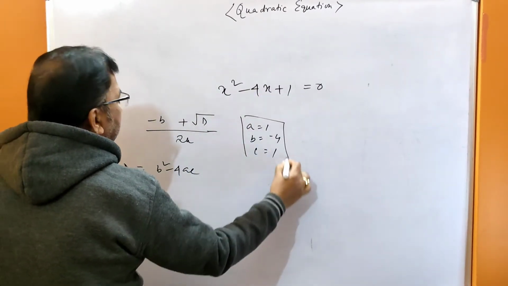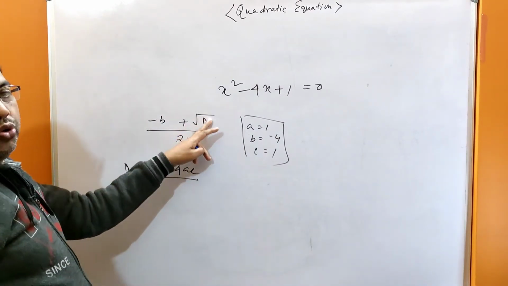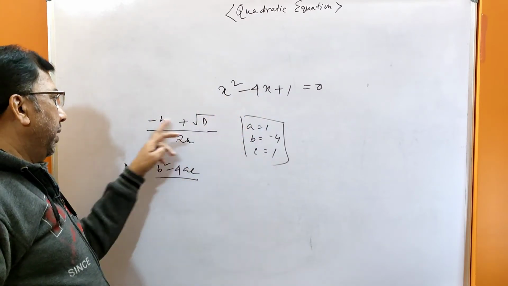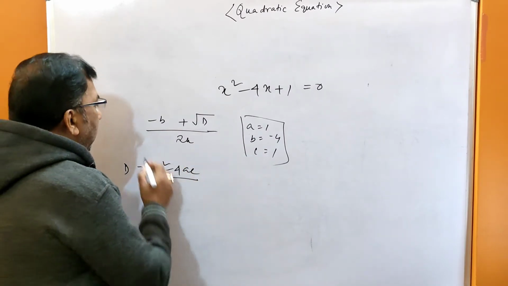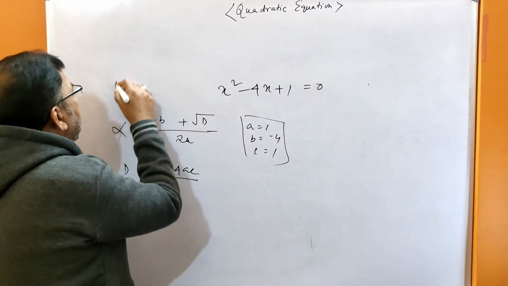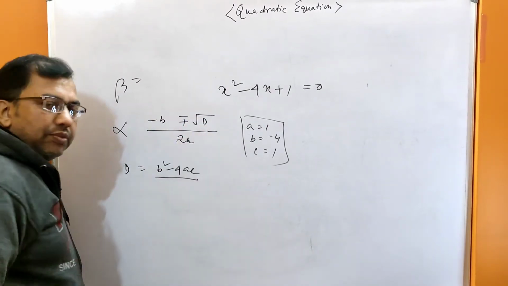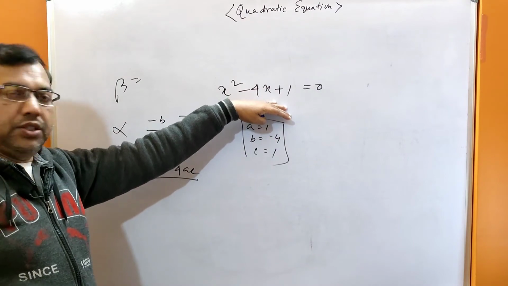So we have to put the value out here. Then you will find out here b, d and square root of d you have to find out easily. Then minus b, find the value, minus minus plus 4, 2 into a is 1. In this way you have to find out one is alpha and other is beta. Clear? Minus b, this will be plus minus root d by 2a. This is also you can apply Siddhartha formula.